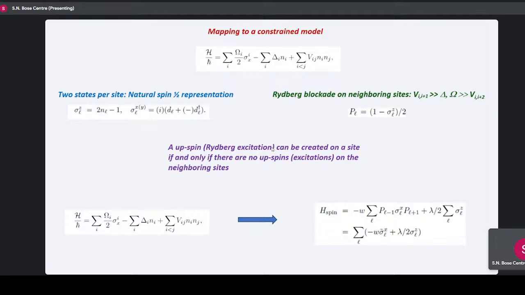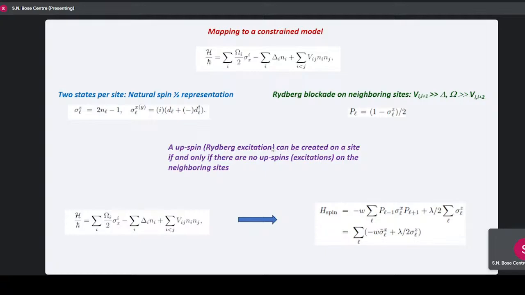In this limit, this constraint that two Rydberg atoms never occur on two neighboring sites can be implemented by a projection operator given by this, and you take this Hamiltonian and you get into this regime.